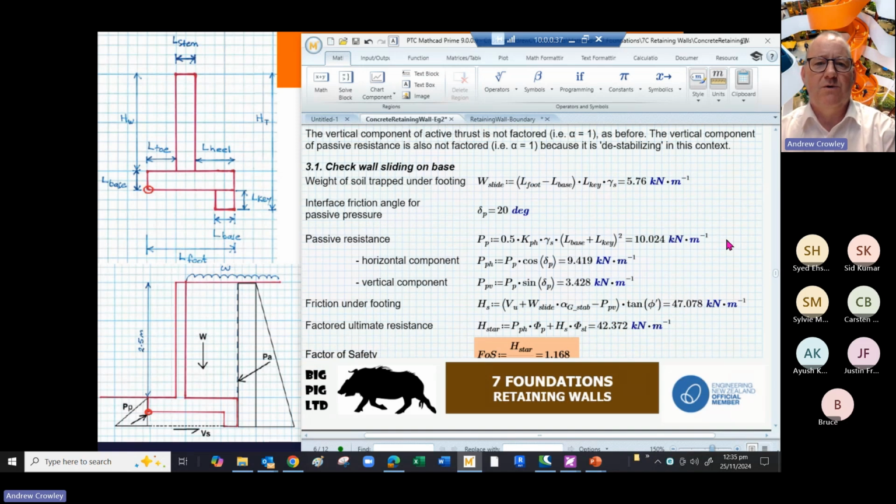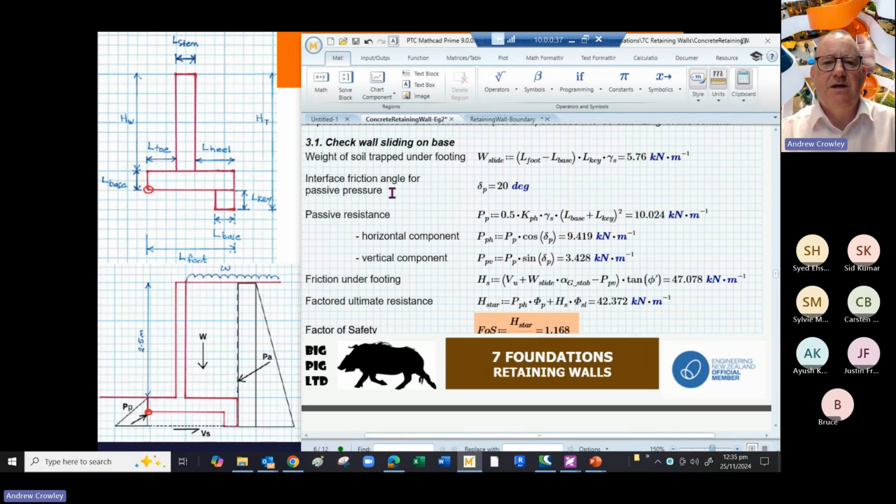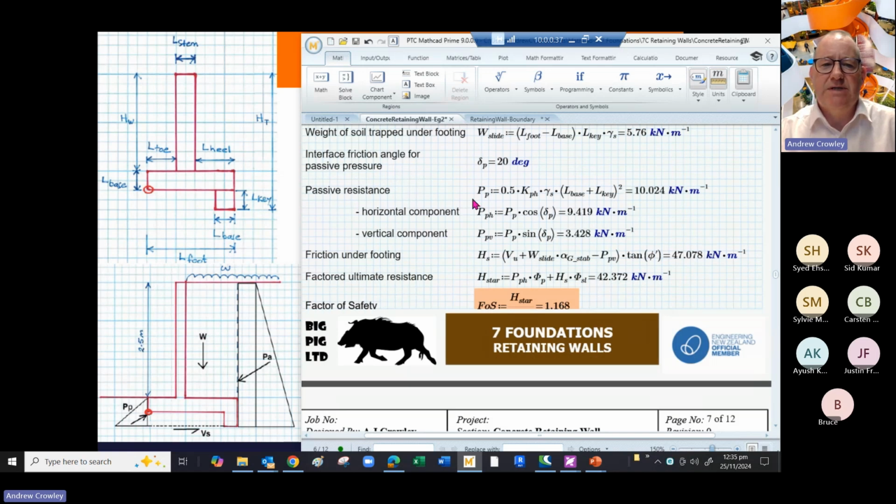So let's check the wall sliding on the base of the footing. We work out what the weight of soil trapped under the footing is. We've taken our interface friction angle for passive pressure as 20 degrees. We've got our passive resistance Pp, that's that thing down here. That's 10. There's a horizontal and vertical component of that because it's at an angle.